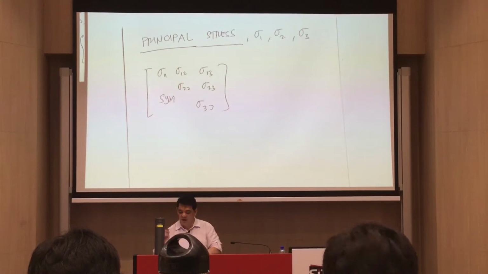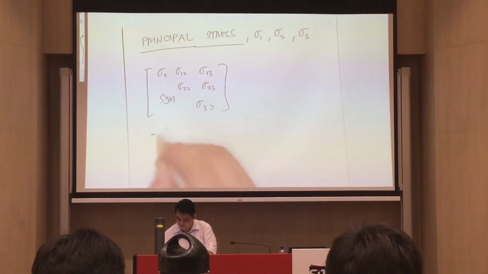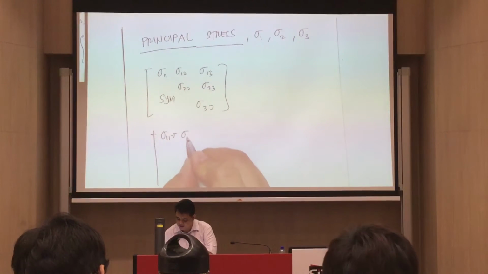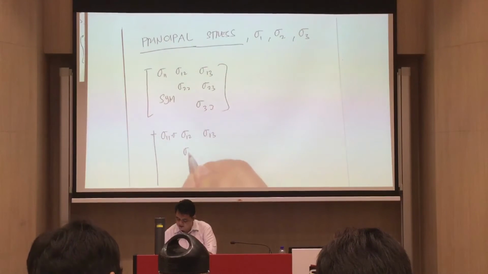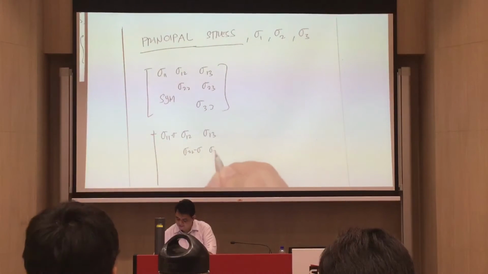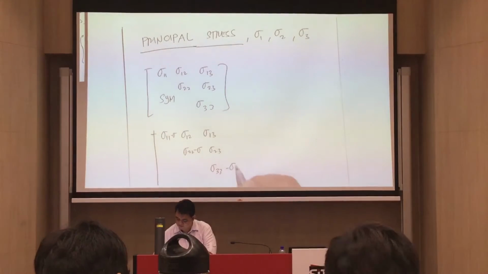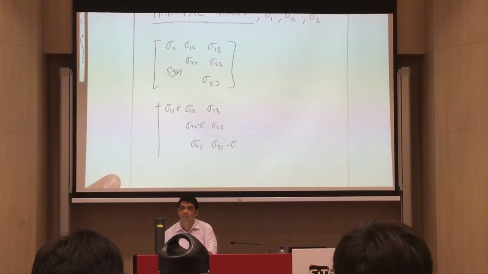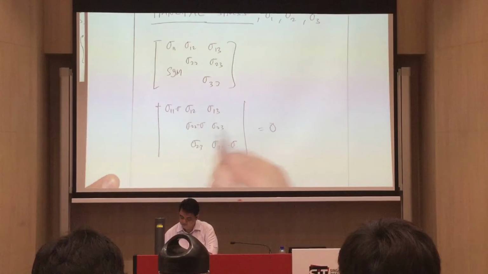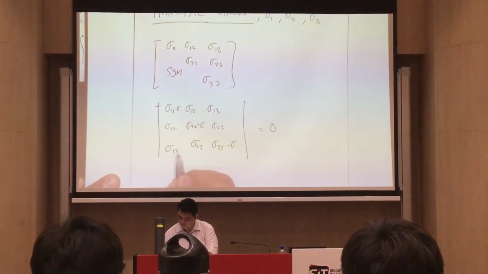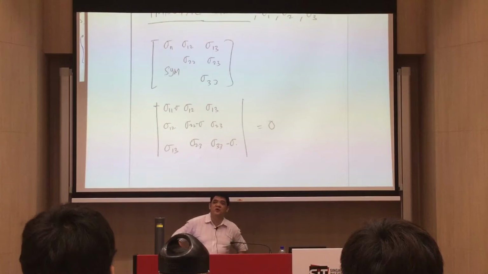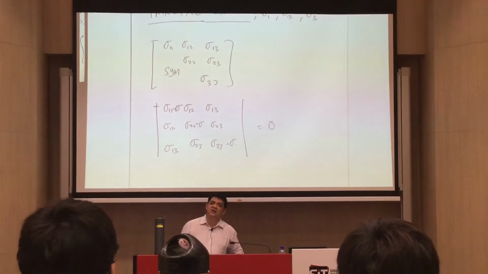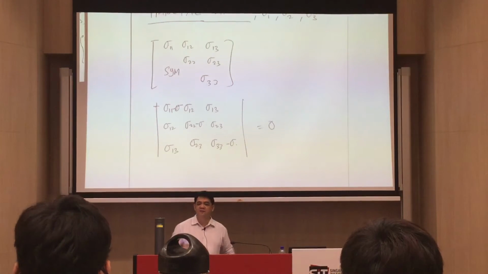To be able to calculate your principal stress, take the determinant of this one, minus sigma 12, sigma 13. The determinant of this, so these are stresses, must be equal to 0, and then you can calculate the roots of your equation.